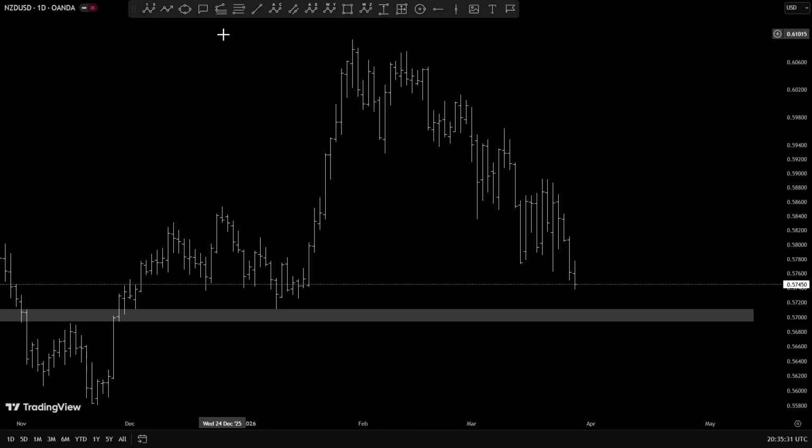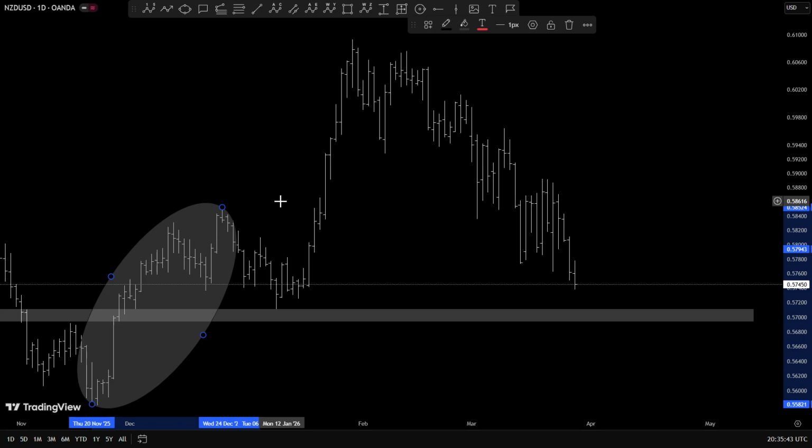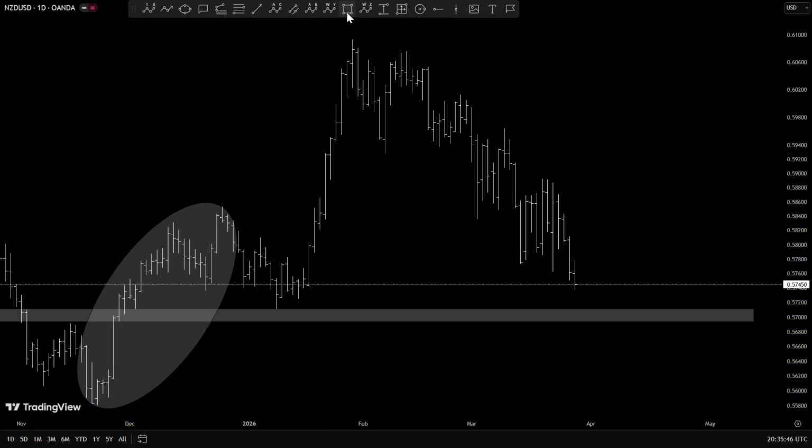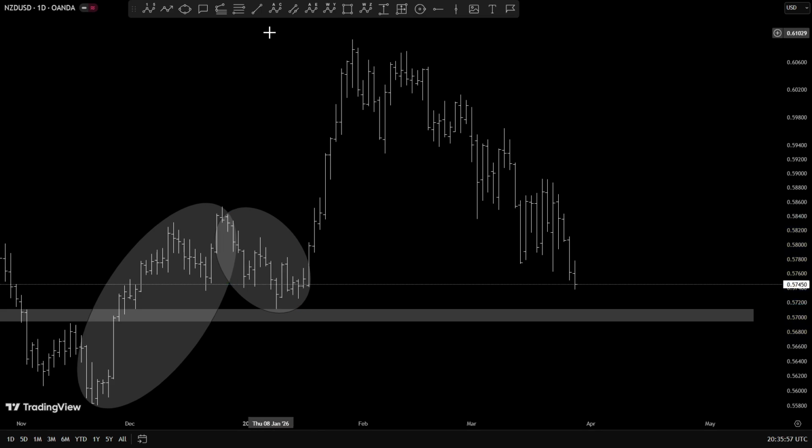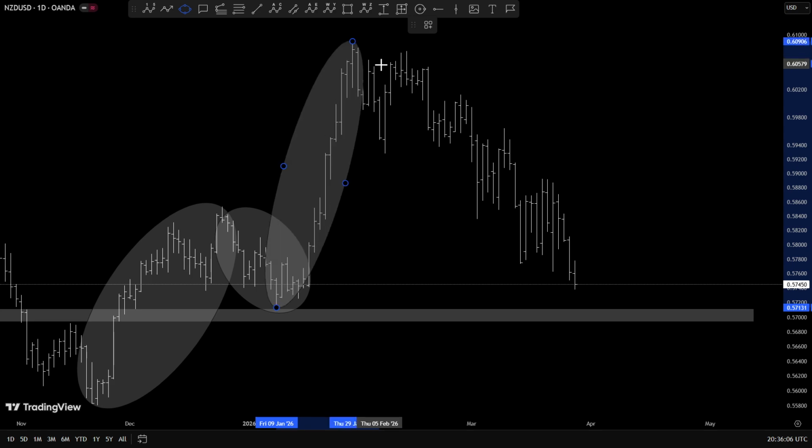The structure that we have on this chart right now is what is called a W, X, and Y. WXY is a combination of 3, 3, and 3.